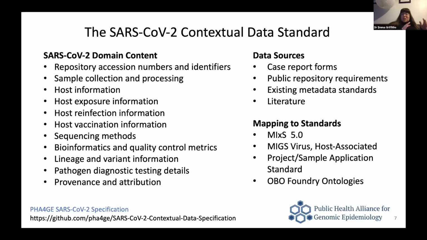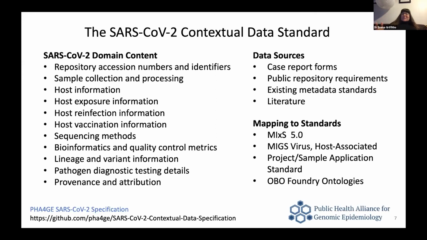Now, all of the fields and terms were sourced from different case report forms, international and national, public repository requirements, existing metadata standards, and extensive literature reviews. We've tried to map all of the elements in our data standard to existing metadata standards, and where possible, we've tried to reuse fields and terms that already exist.